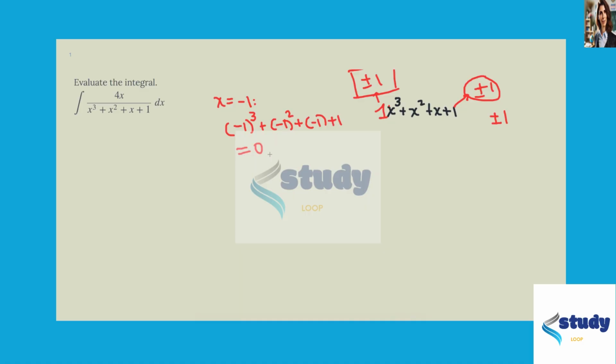So this tells us that x minus negative 1, or x plus 1, divides this polynomial. So we can go ahead and perform the long division to see the other factor.